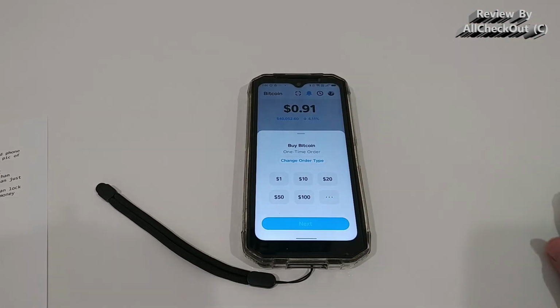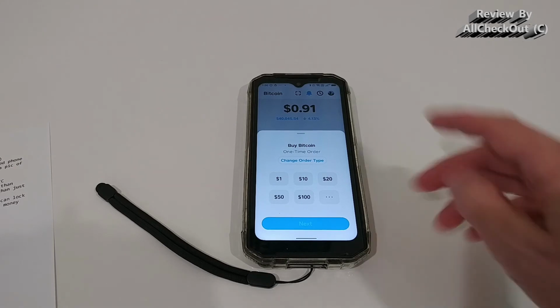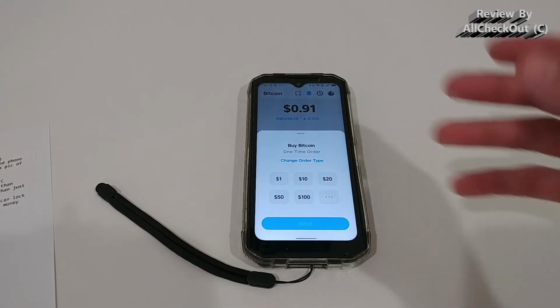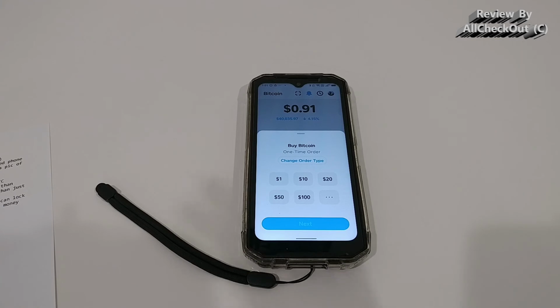So it's about the same thing if you would do this on an exchange. And if you go for higher amounts, then it would be definitely cheaper if you go to an exchange than using this thing here. So this Cash App Bitcoin function is definitely intended to be used for very small amounts.